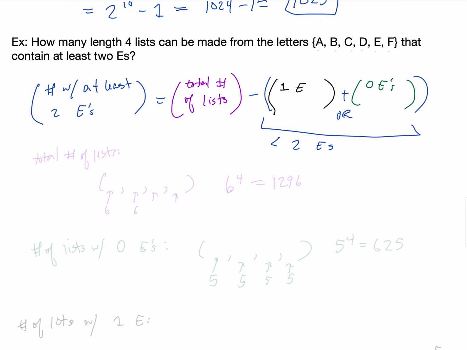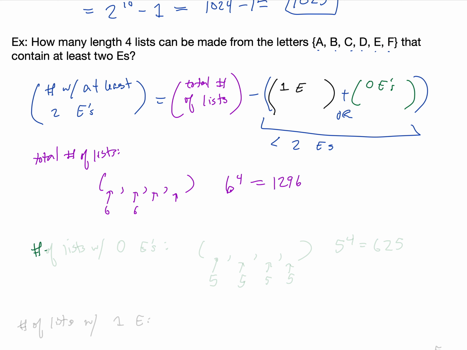So let's think about each of these pieces separately. First, just the total number of lists of this type. These are length 4 lists, 1, 2, 3, 4, with 1, 2, 3, 4, 5, 6 possible entries for each, so 6, 6, etc. So the total number of lists is 6 to the 4th power, which is 1296.